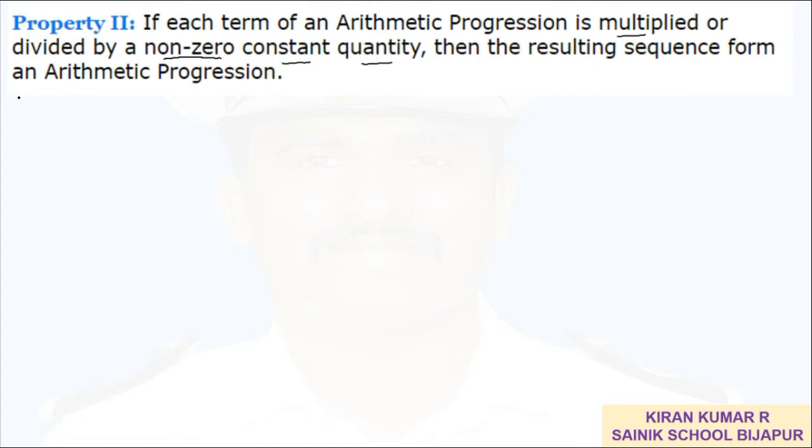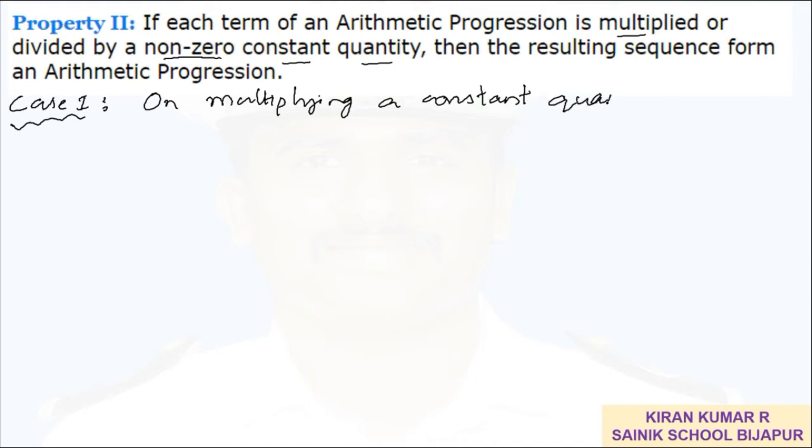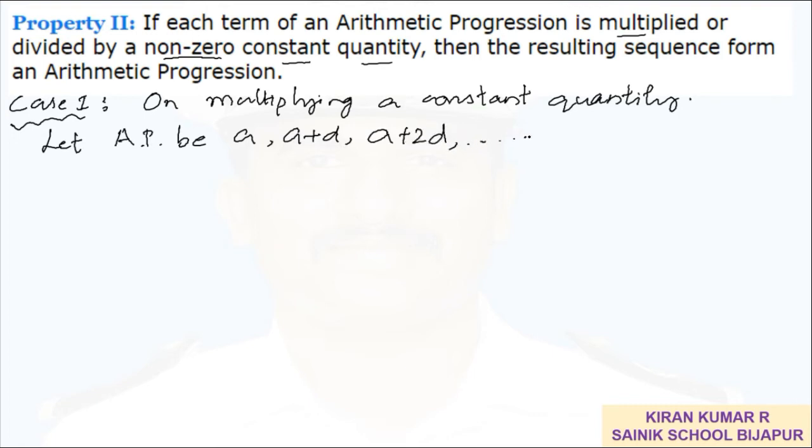So let me write the case 1. Case 1 is on multiplying a constant quantity. Let the arithmetic progression be a, a plus d, a plus 2d, and so on.